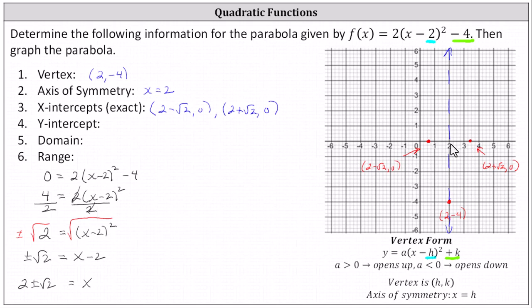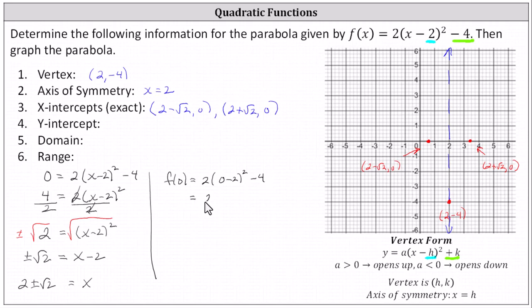And now let's determine the y-intercept. The y-intercept is where the parabola intersects the y-axis. Every point on the y-axis has an x value of 0, which indicates to determine the y-intercept, we set x equal to 0 and solve for y, or determine f of 0. f of 0 is equal to 2 times the square of 0 minus 2, minus 4.